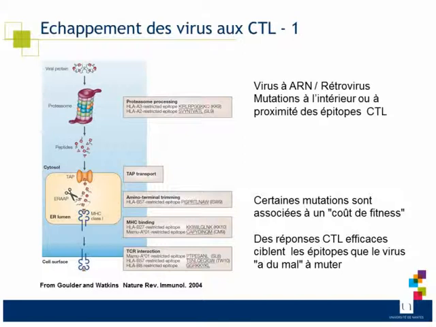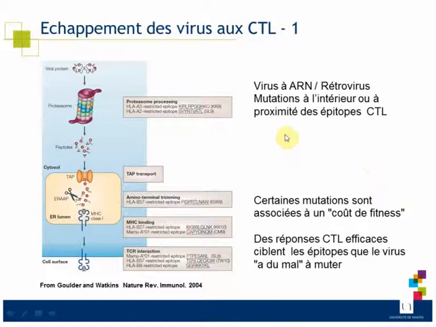Now, as you might expect, viruses try and escape from CTL lysis, and there are two main mechanisms. For viruses which have a not very high fidelity polymerase, like RNA viruses or retroviruses, they induce a lot of spontaneous mutations in every round of viral replication.